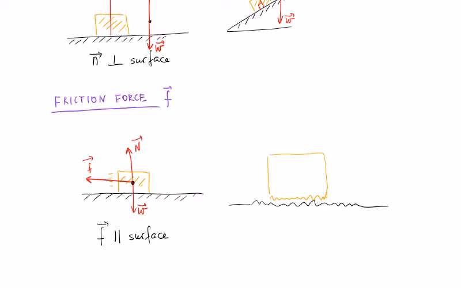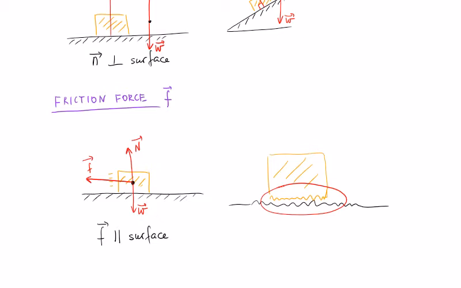When the box is sitting on the surface, these uneven surfaces do not allow each other to move unless there is a force that overcomes this. You can push through this. Otherwise, it will keep staying stationary because that force is holding it there.